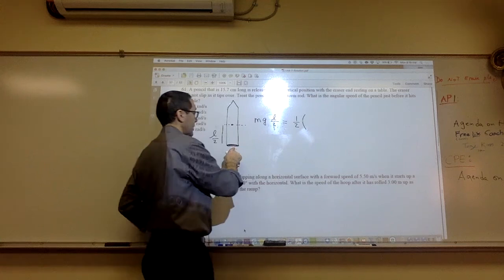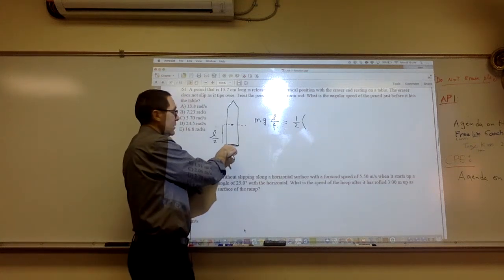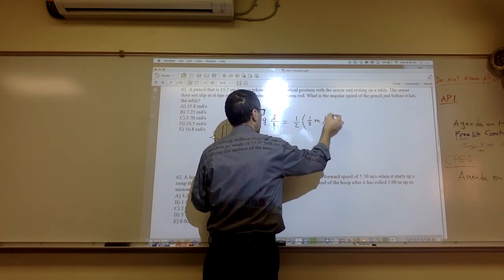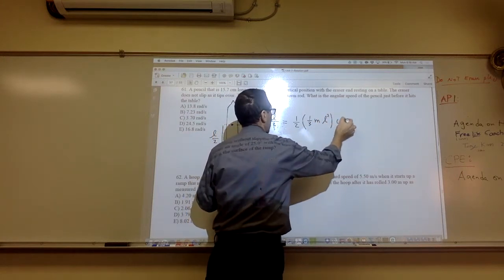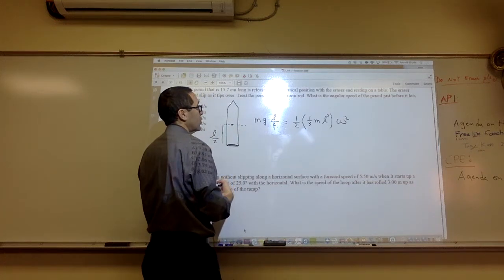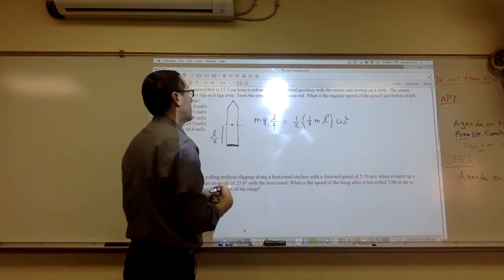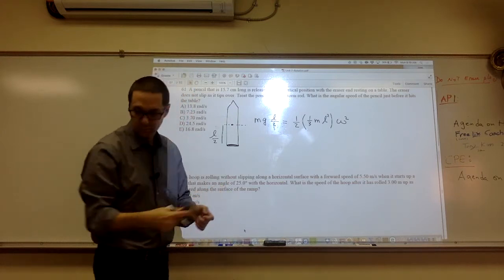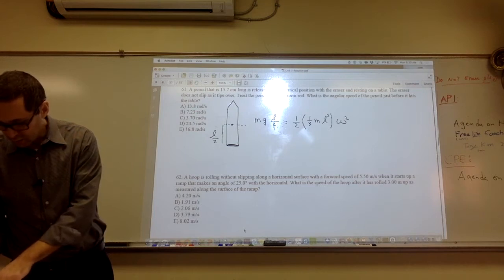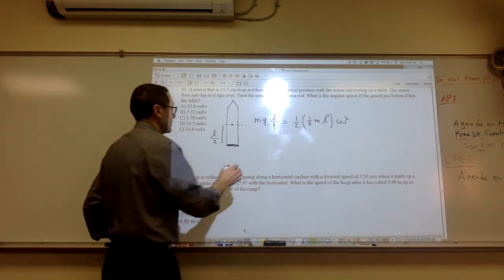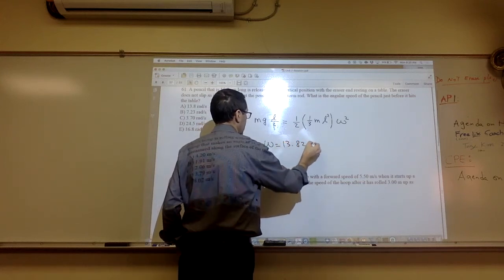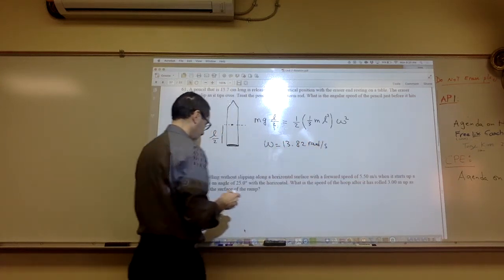So the I for something like this that's rotating around one of its ends is 1/3 m L squared. So if we do this correctly, we should get 13.82 radians per second.